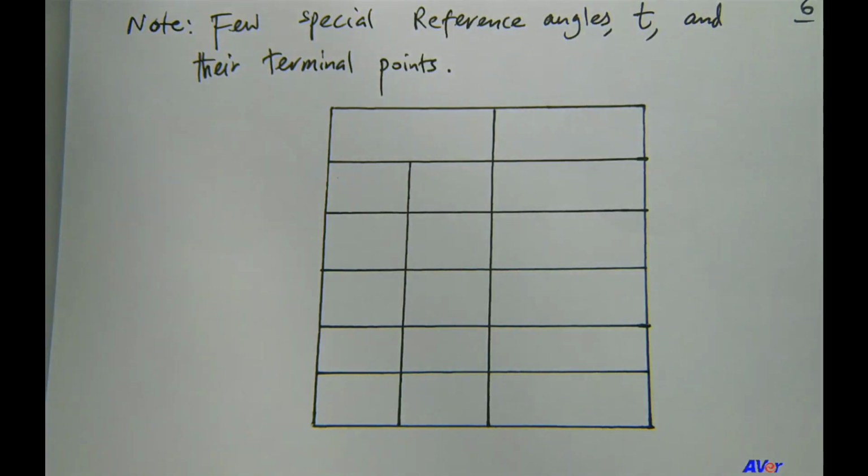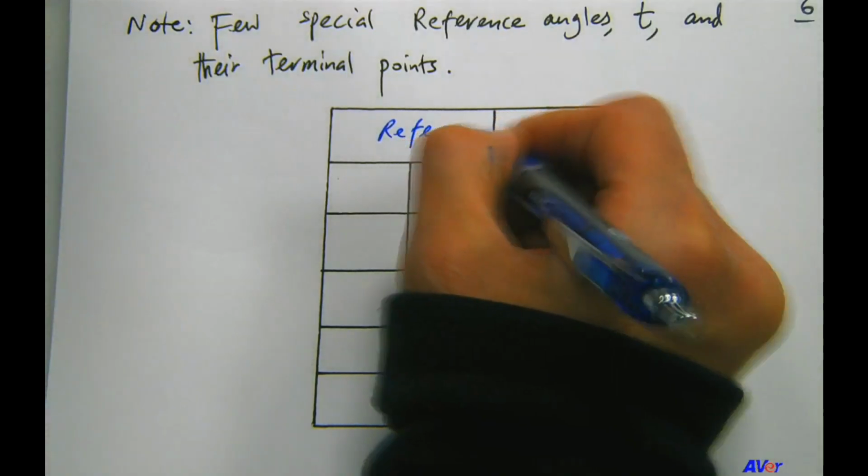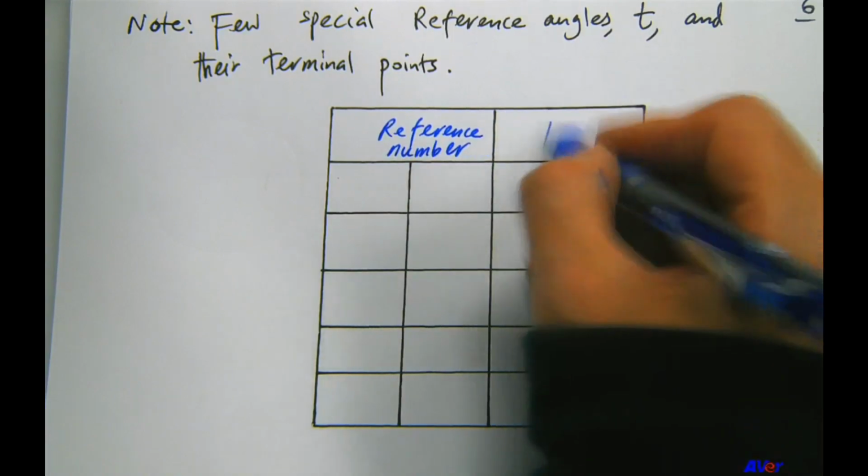Okay, so this would be the reference number, this column. And this would be the terminal point.